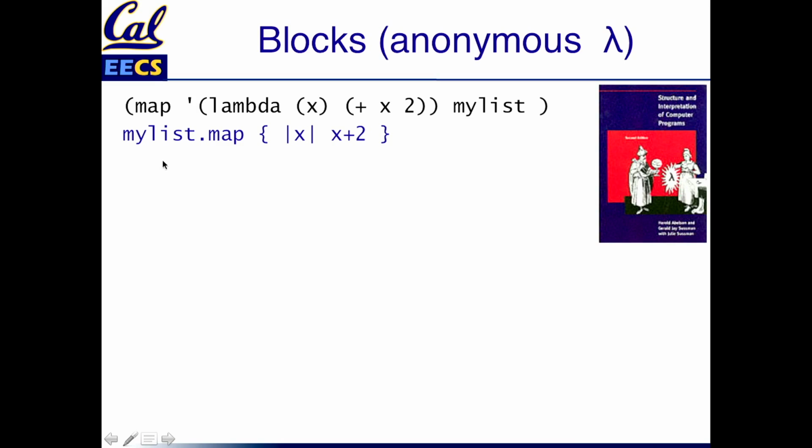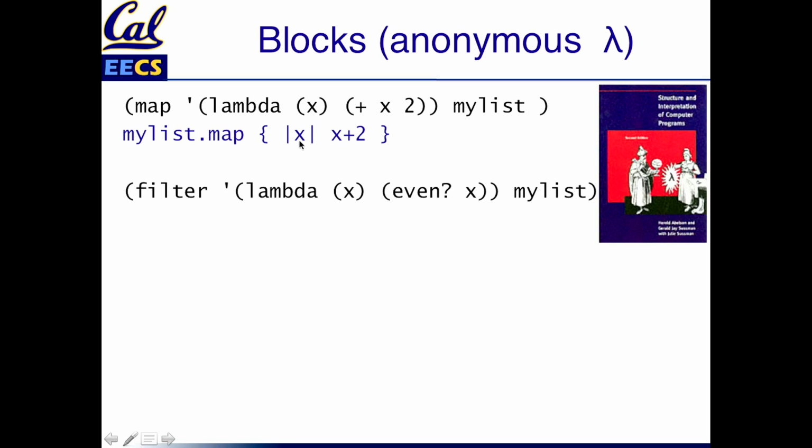Well, in Ruby, this more or less becomes the same thing. Remember that the braces can be used in some cases as a substitute for the do and end that would go around a block. So map takes a block of one argument, and it just applies the block to each element in the collection. If you remember filter from the days of Scheme, we have select, which does pretty much the same thing in Ruby. This time I've written it out using do and end instead of the braces.